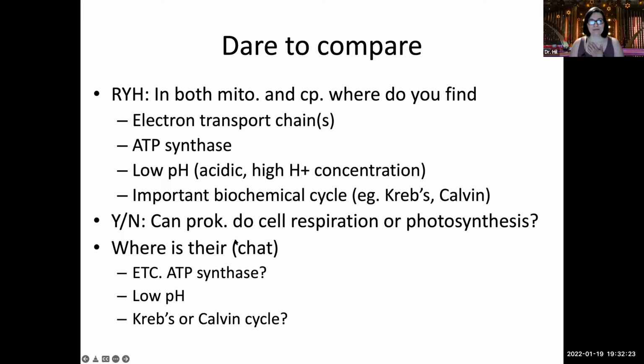In this hypothetical prokaryote that's doing respiration and photosynthesis, where are the enzymes for the Krebs cycle and the Calvin cycle located? There is no matrix, there is no stroma. Where are these cycles?